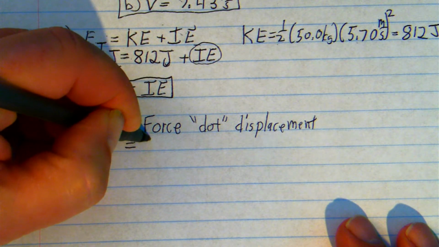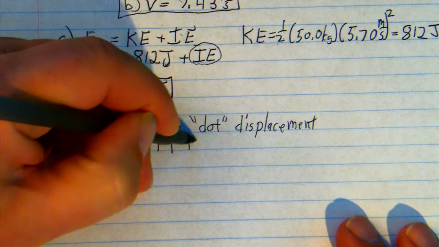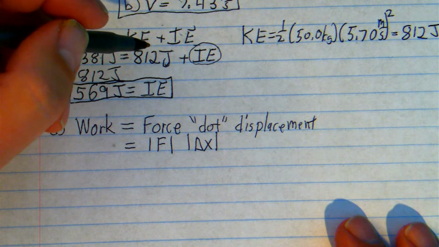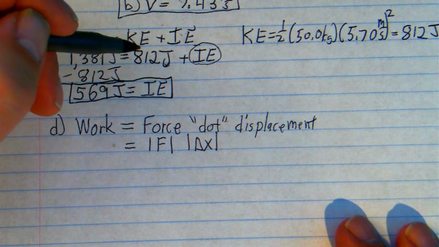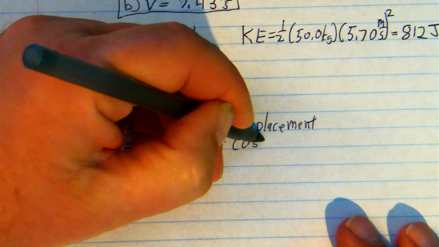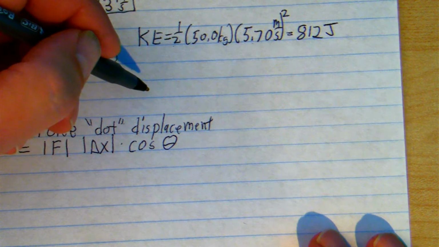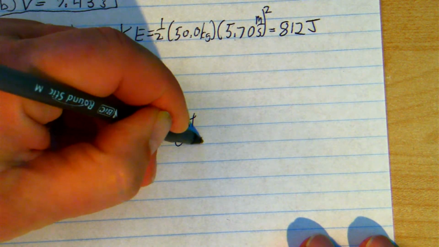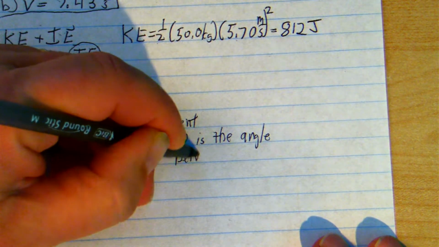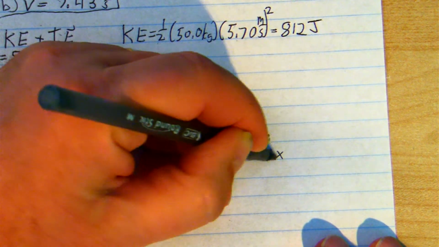That means the magnitude of the force times the magnitude of the displacement, if it's not friction, distance, if it is friction, times the cosine of the angle. And what angle, you ask? Theta is the angle between F and delta x.